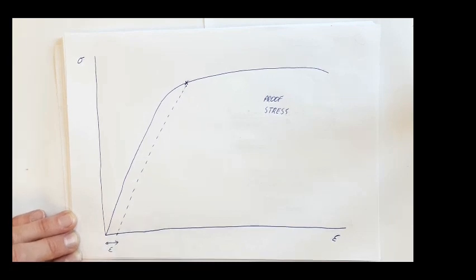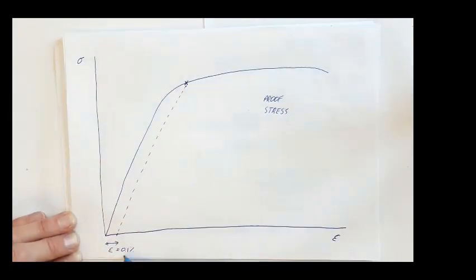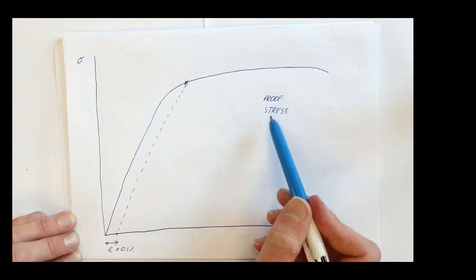Strain. Now, if that was, let's say, 0.1% strain, what we've loaded there is we've loaded that material to a point where we are seeing 0.1% proof stress.